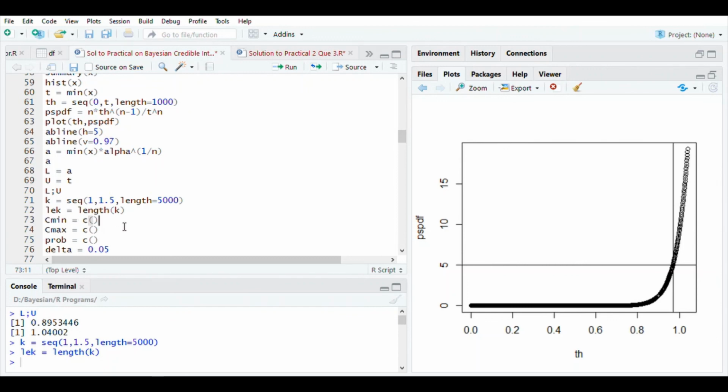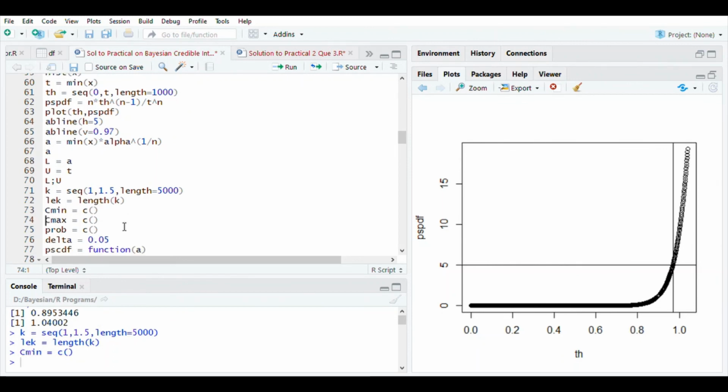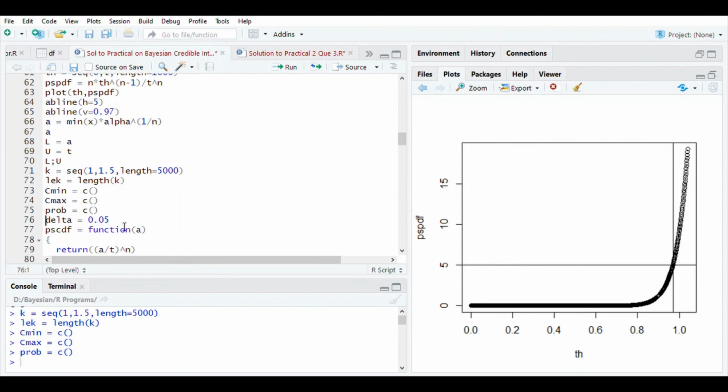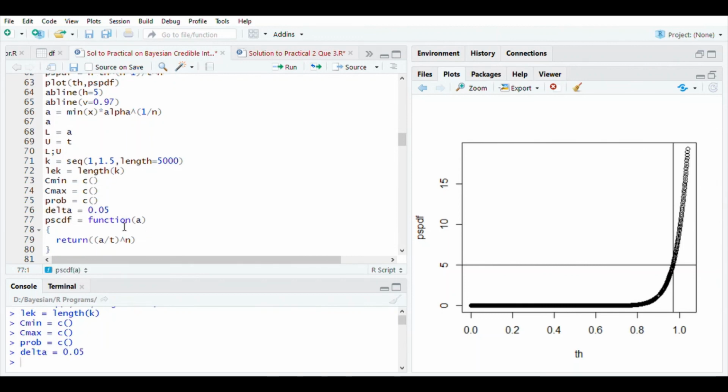So now C min will be the lower limits of all the intervals, C max is the upper limit. In probability I am storing the coverage probability of the intervals, and because we are looking for the constant, delta is 0.05. Now in order to compute the coverage probability of these intervals, first we will need the expression for the posterior CDF. The posterior CDF we have already derived, that is nothing but theta upon x ordered 1, whole raised to n.